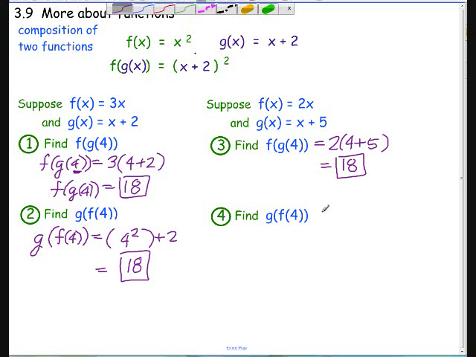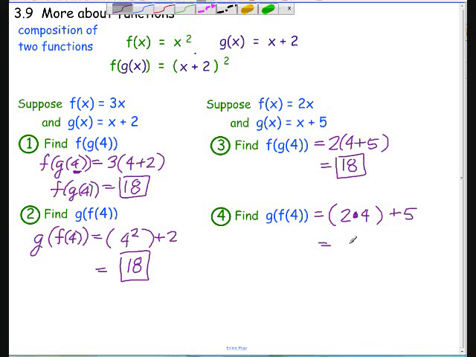All right, how about this one? Function g, we know g takes x and adds 5. Well, it takes the input and adds 5. And our input in this case is going to be function f, which is 2x, but our x is 4, so it's 2 times 4.